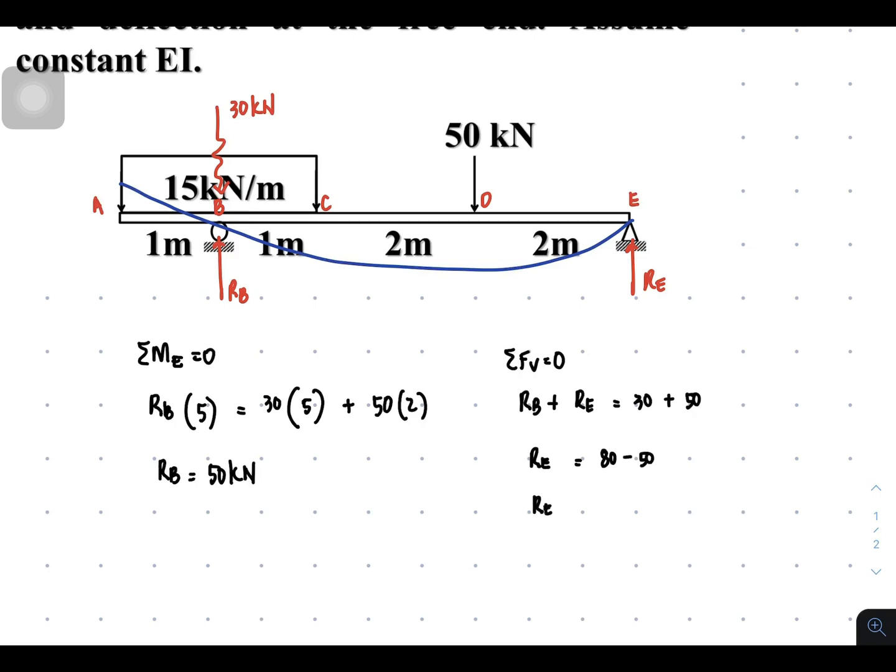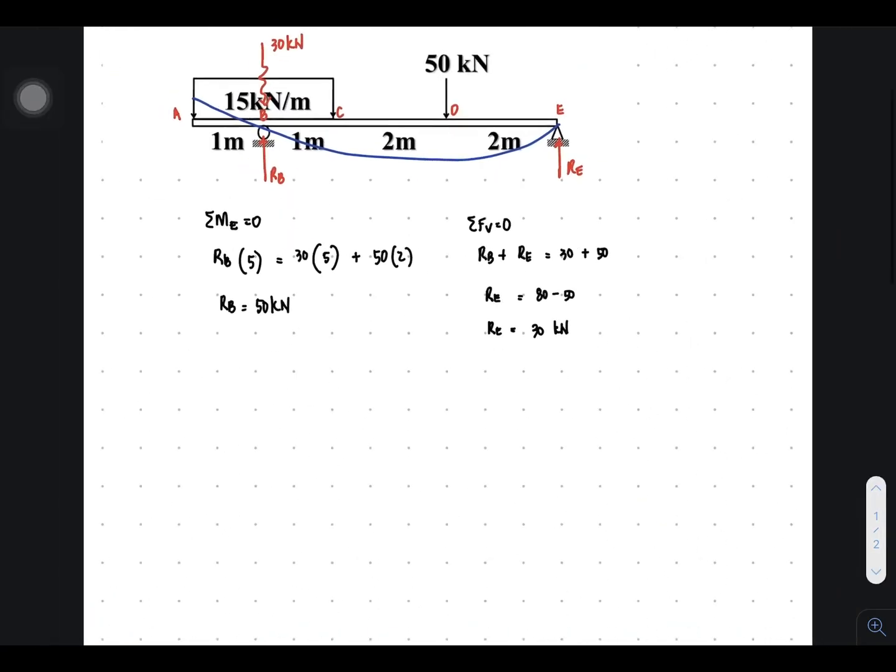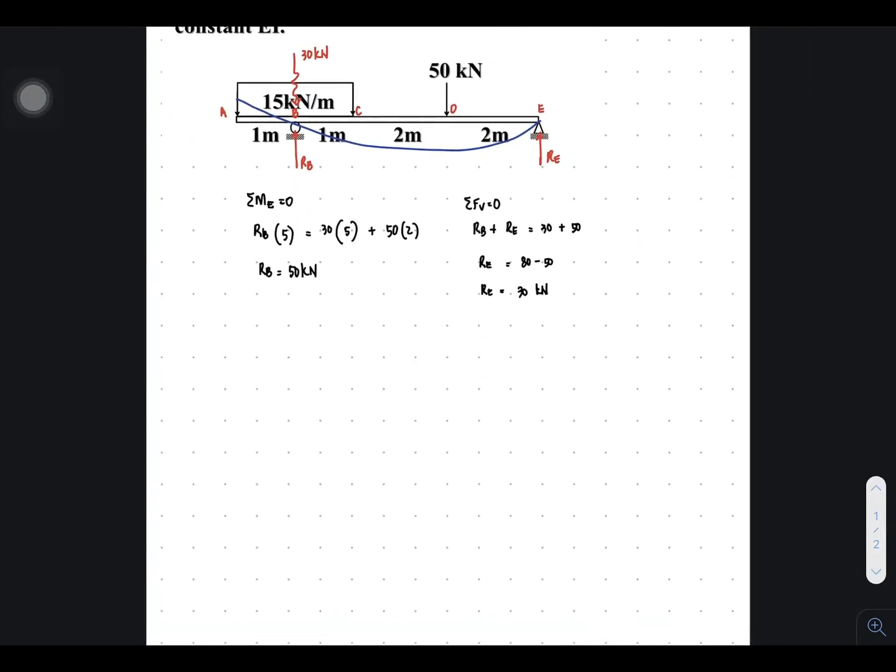So RE is 30 kilonewtons. Next, we're going to draw the moment by parts, but before that, we're going to drop down a line, and let's copy this. Let's move it here and copy, then paste.